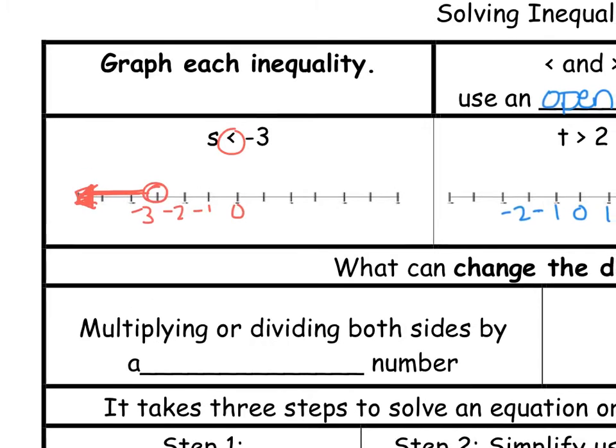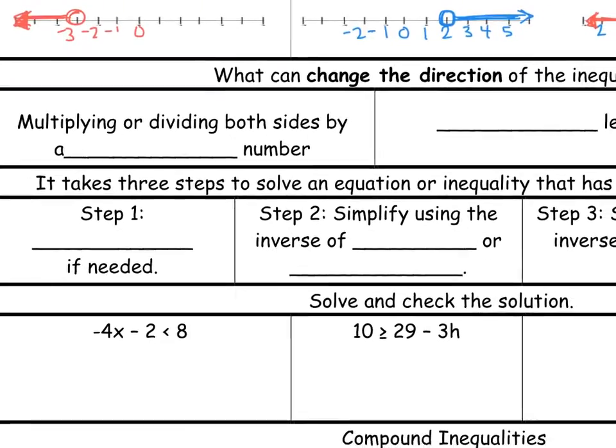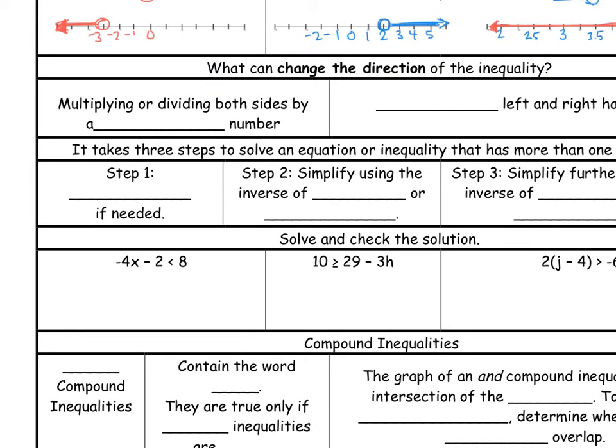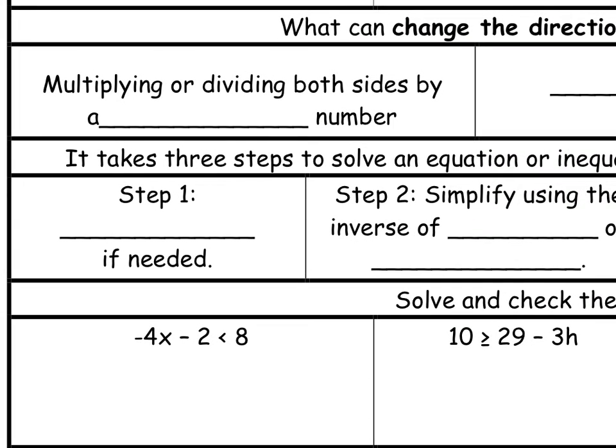Okay, so there's one thing when we're solving linear inequalities, we solve them just like an equation, but there's only one little hiccup in there. The direction of an inequality can change if we multiply or divide both sides by a negative number. And what that means is after we distribute and after we undo addition and subtraction and we're trying to isolate our variable, we're going to have one more step.